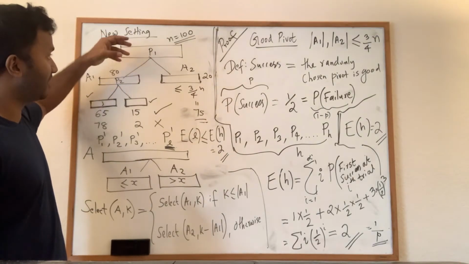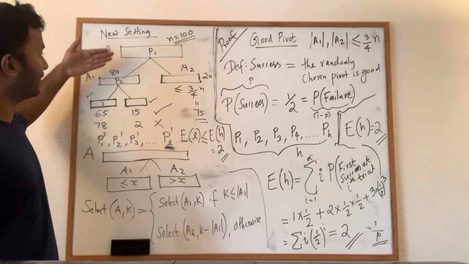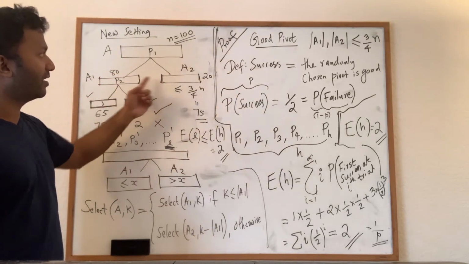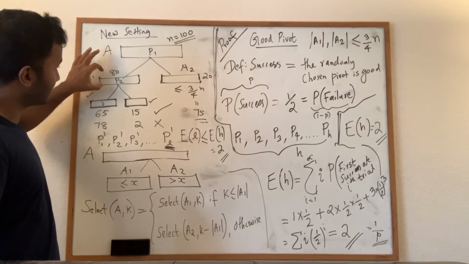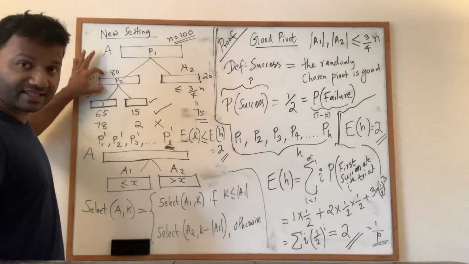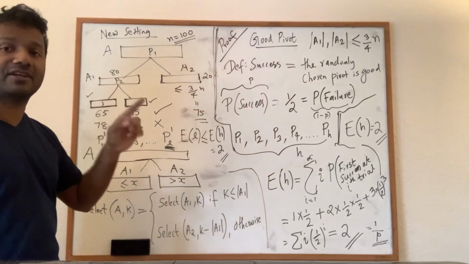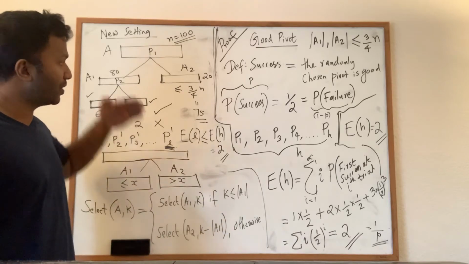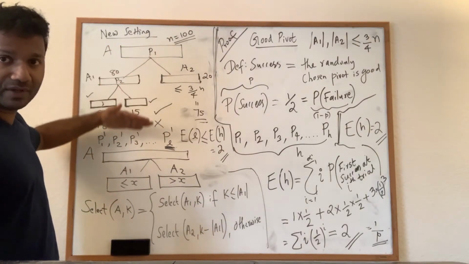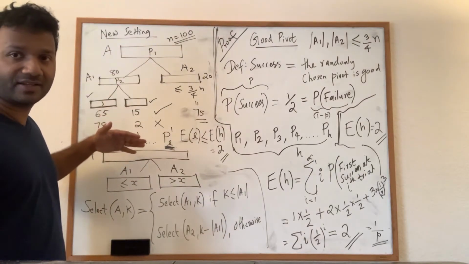right? But unfortunately, if we failed and we got into this sort of an 80-20 split, then the probability of success at this level is actually 75 divided by 80, which is much higher than half. So each time the probability of success is improving in this strategy.